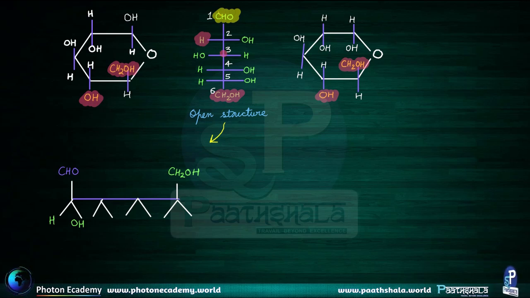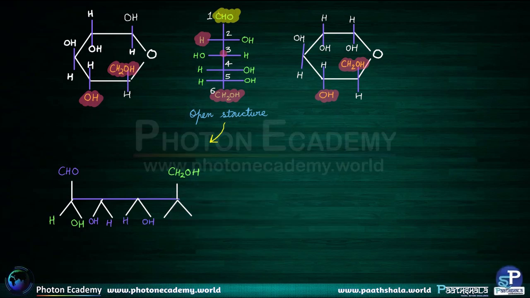So it comes to the left now. So I've got my OH on the left and my H on the right. And similarly, if I start doing it for everyone, the left group comes on the left and the right stays at the right. Now I have this particular Fischer projection for this particular open structure that I was drawing.